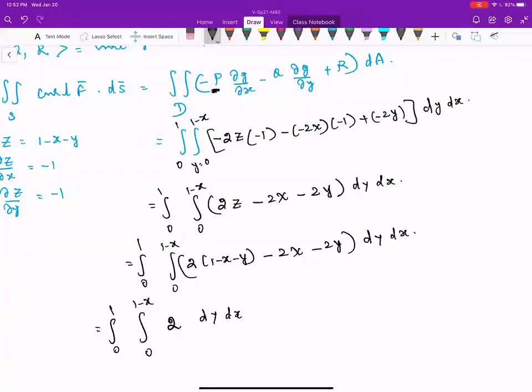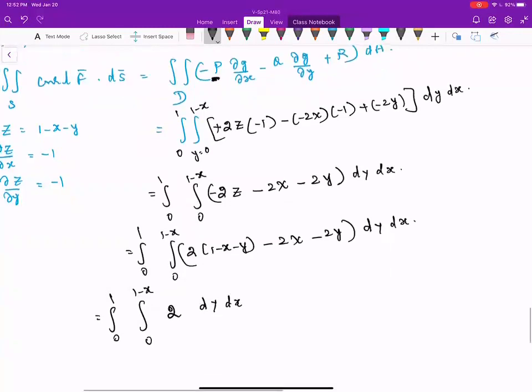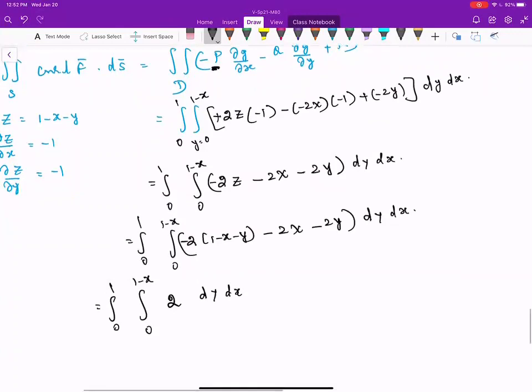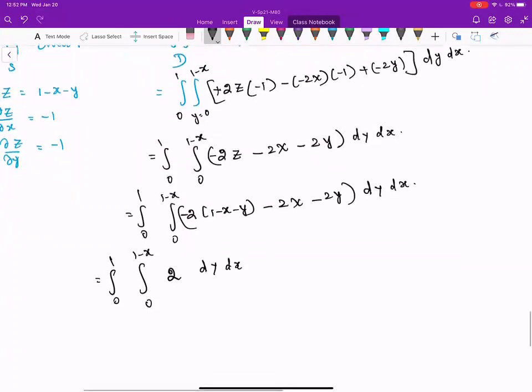So minus P would become minus of minus 2z, so that will be a positive 2z. Then we have negative of the rest. So that's how we get that 2x and 2y get cancelled out. So you get a negative 2 dy dx.